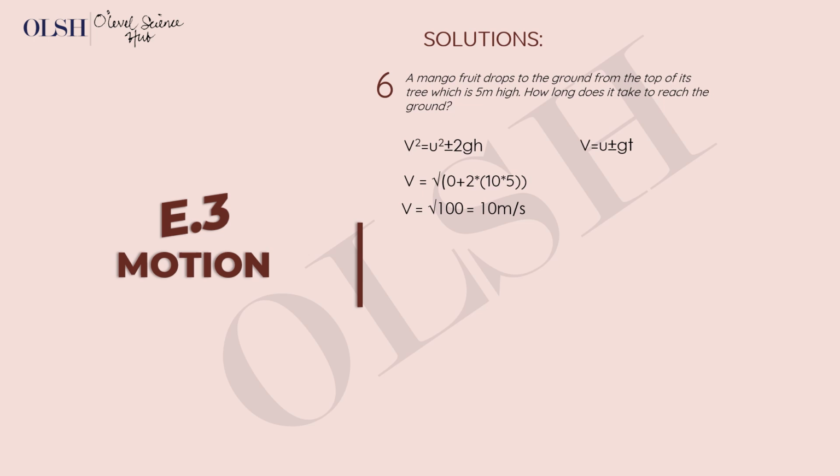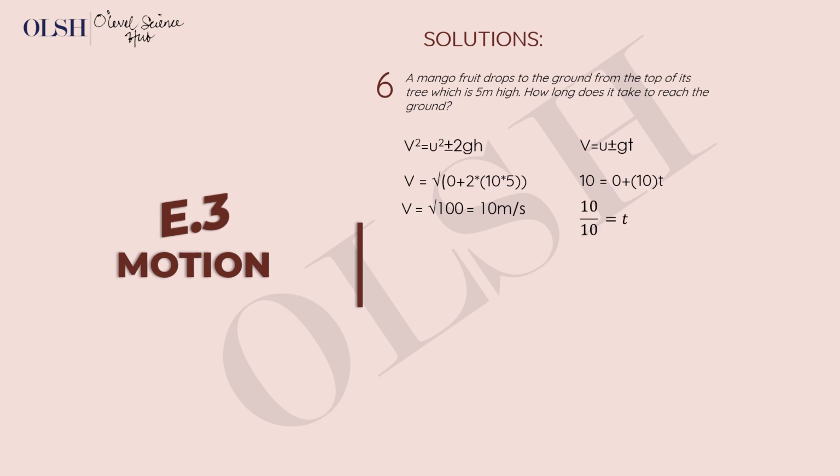Bringing our variables into the equation, we have our v to be 10 meters per second, equal to initial velocity, which is 0, so 0 plus gravity 10 times t.